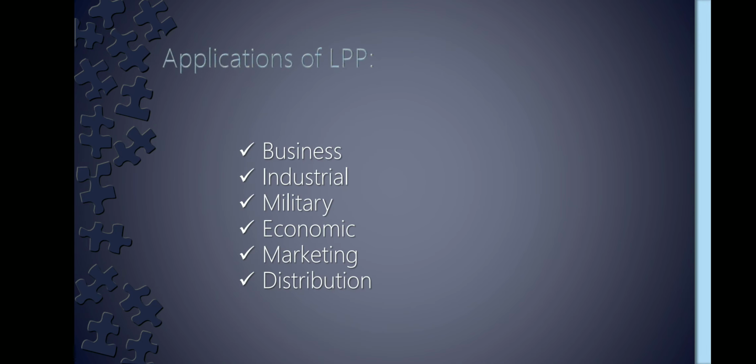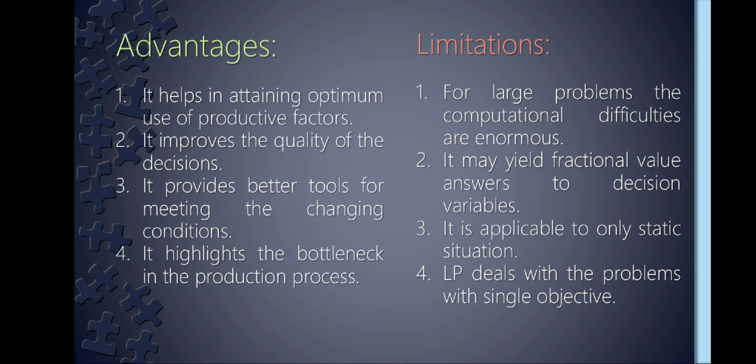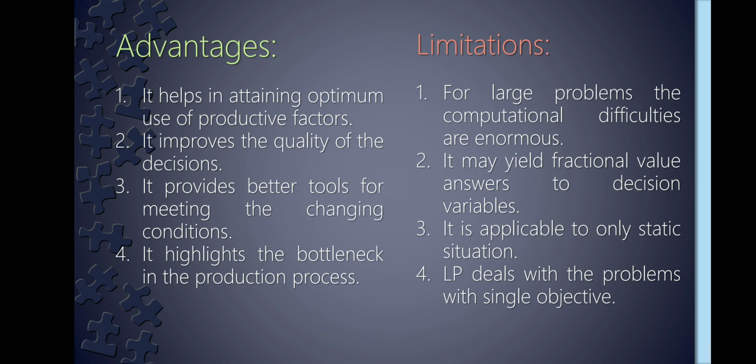There are a few advantages of LPP and a few limitations. We are discussing them one by one. When it comes to advantages, LPP helps in attaining the optimum use of productive factors. The main objective is maximizing the output, with effective utilization of available resources.